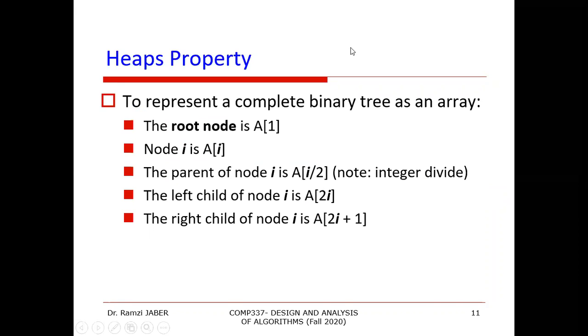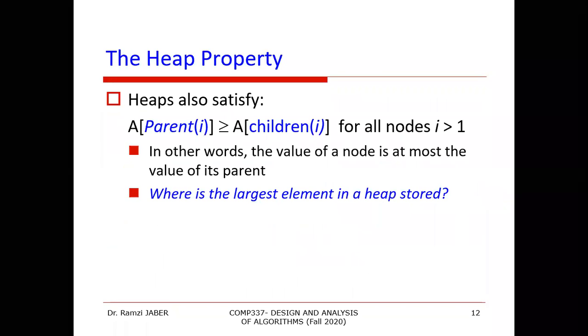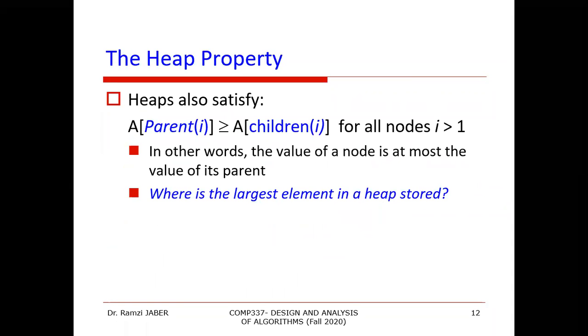All of these conditions must be true to get a complete binary tree. Later we will see how to solve it and what the complexity is. Now, we also have the property that the value of parent i will be greater than or equal to the value of the children for all i. Okay?